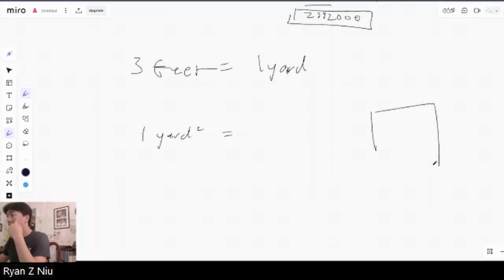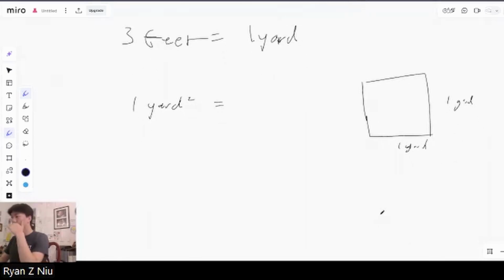Well, it means we have this sort of box. It's a square, and the dimensions are 1 yard by 1 yard. What we have to keep in mind here is that this isn't equal to 3 feet squared. This is actually equal to 9.